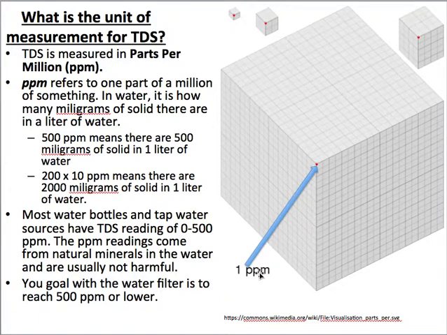In water, you can also think of it as how many milligrams of a solid there are in a whole liter of water. A liter is 1,000 milliliters. So how many milligrams in 1,000 milliliters? Like I said, most water bottles and tap water have between 0 to 500 ppm. Your goal is to get as close to 500 or lower as possible.